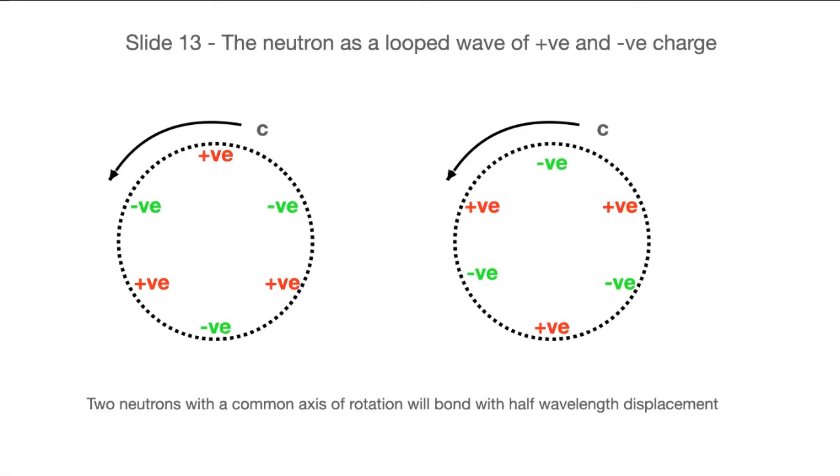And the wave in the loop is traveling at the speed of light, c. So you can see from this diagram that if you had 2 neutrons which were sharing the same spin axis and they found themselves in close proximity, they would bind very tightly, positive to negative. And this is the proposed dark matter particle, which everyone's been looking for.